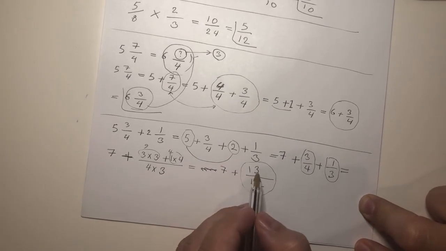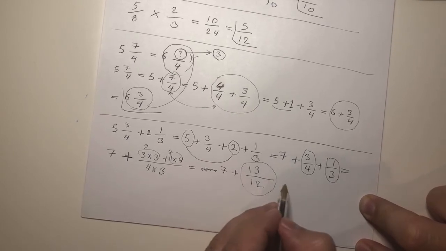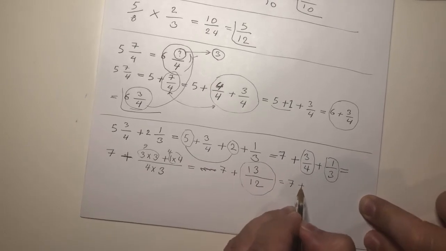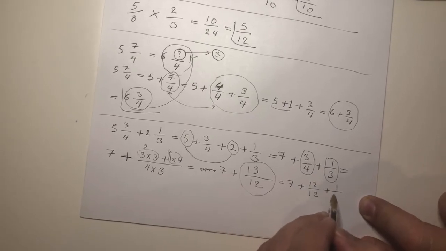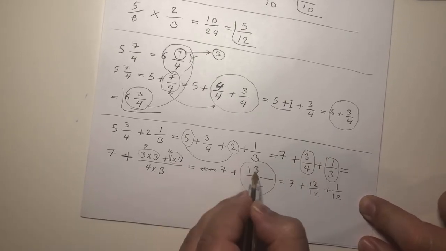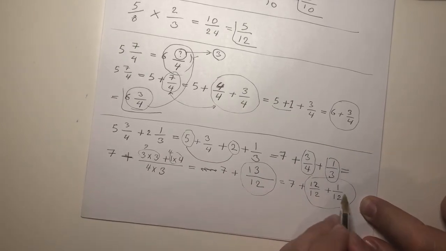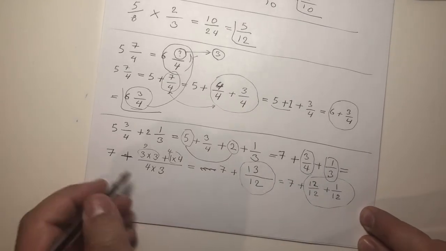So as you see here, this is a rational number in which the numerator is greater than the denominator, so we can write it as a mixed number, right? So we can write it as 7 plus 12 over 12 plus 1 over 12. So 13 over 12, we wrote it as 12 over 12 plus 1 over 12. This is the same as 13 over 12.